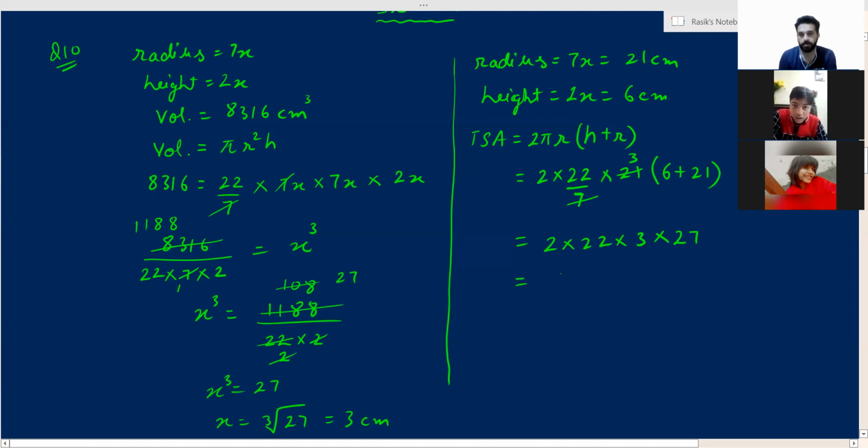Find the product. 44 into 81. 3564 centimeter square. This is the total surface area of the cylinder.